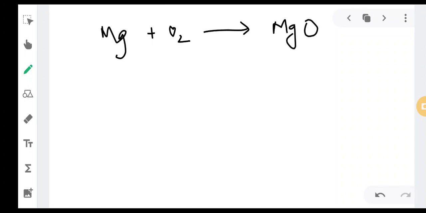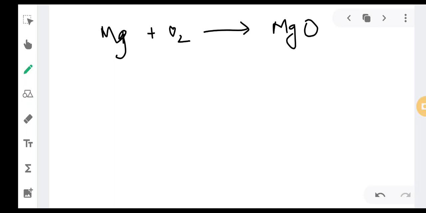Every time you are asked to balance a chemical equation, you first need to write the chemical equation properly. So what is the chemical equation? Mg plus O2 gives MgO.